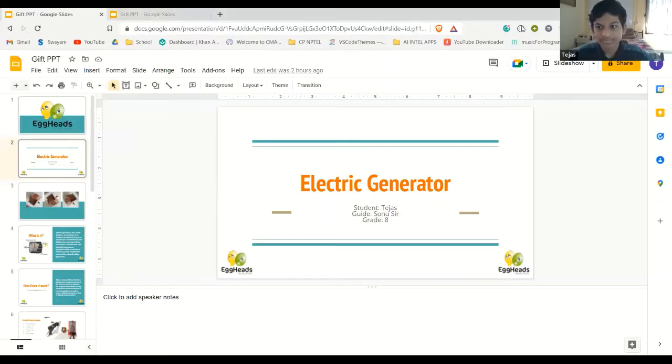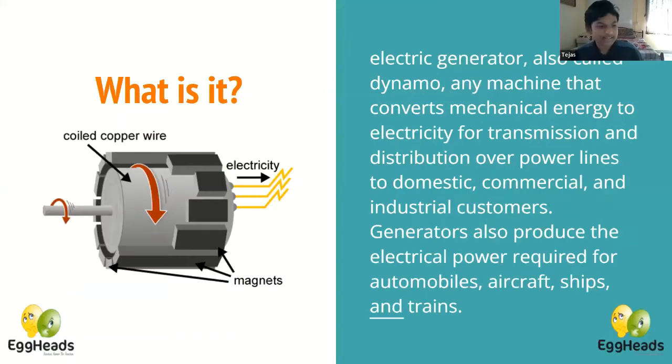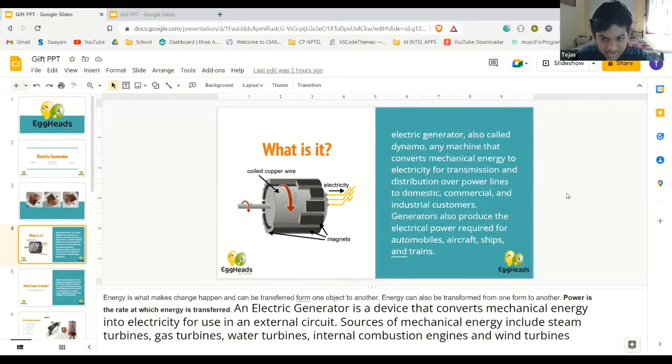Okay. Give me a second. Can you see my screen? Okay. So to start off, what is an electric generator? Wait. Oh, sorry, but can you see my screen? Once again, it's just showing me a message saying that it's not coming. Can you just give me 1 second? I'm very sorry. No problem, please take your time. It's okay, Tejas.